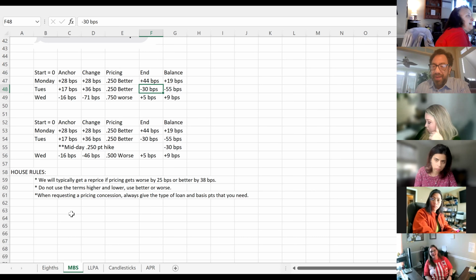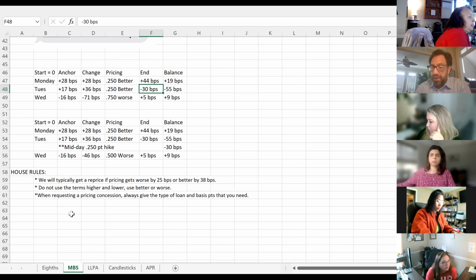I was trying to find the button to unmute it. I have that problem all the time. So you tell the borrower you're at par, you look and you're like, holy crap, today we're at 99.8. So how many basis points are you short? 20, right, you're short 20 basis points.